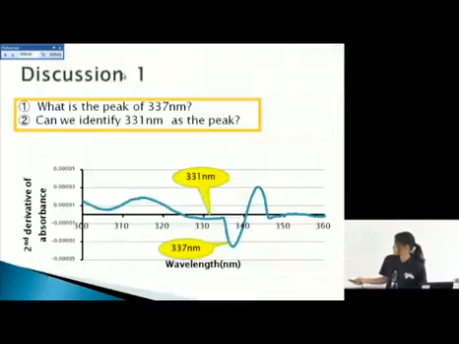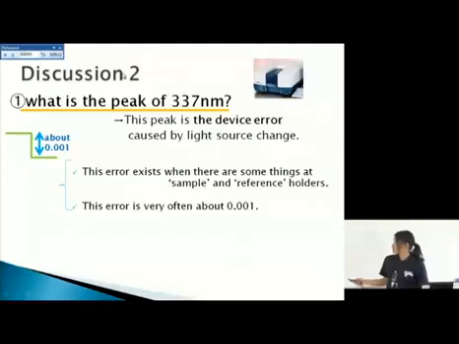So then, discussion. First, what's the peak of 339 nanometers? This. And second question is, can we identify 331 nanometers as a peak? This. First, what's the peak of 330 nanometers?